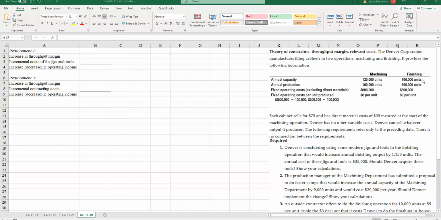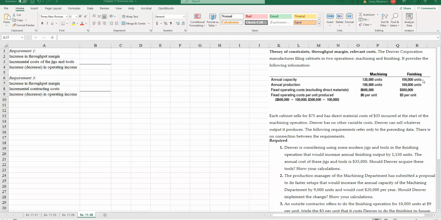The finishing department is our bottleneck because it is the one that's slowing down production. If the finishing department could output 120,000 units like the machining department, then it would not be considered a bottleneck. But because it can produce fewer units on an annual basis because of capacity, that is going to be our bottleneck, because that's where we're going to be slowed down.